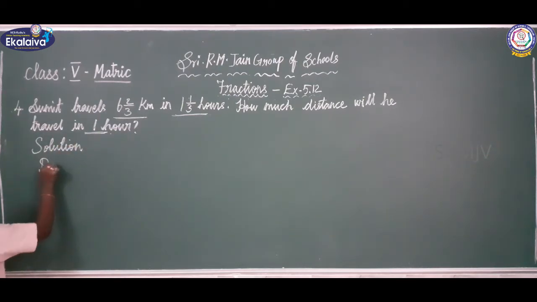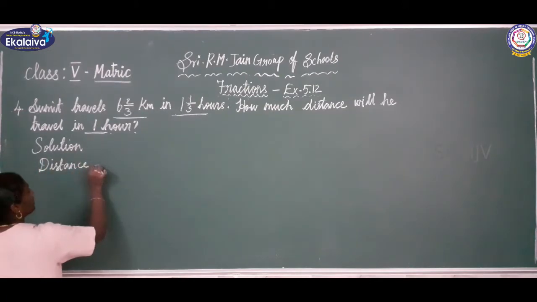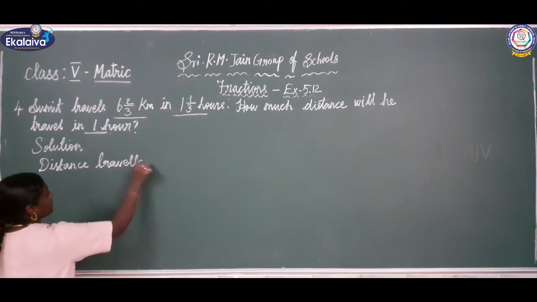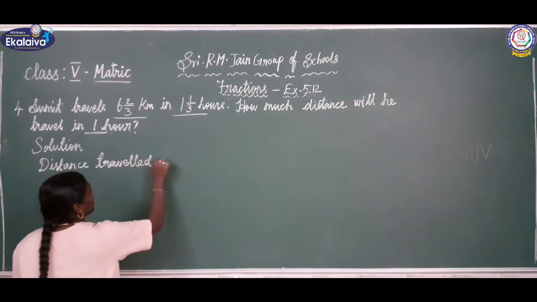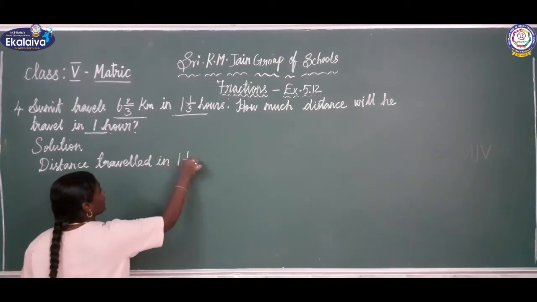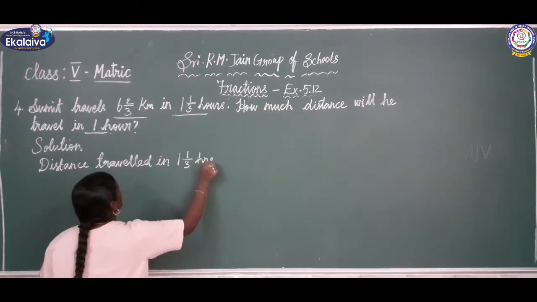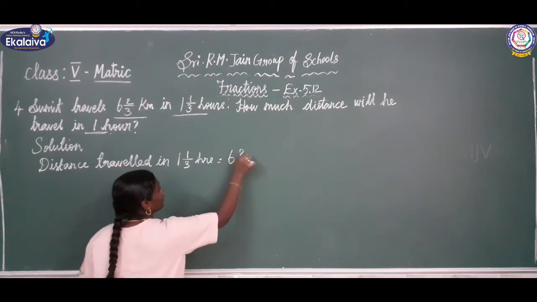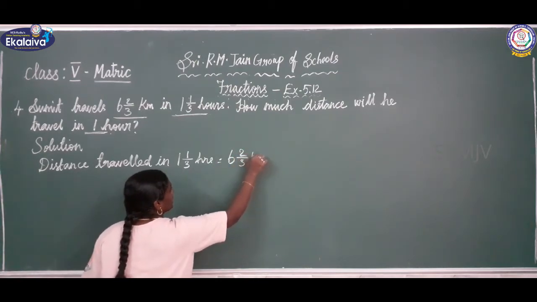Solutions. Distance traveled in 1 by 3 hours is equal to 6 2 by 3 kilometer.